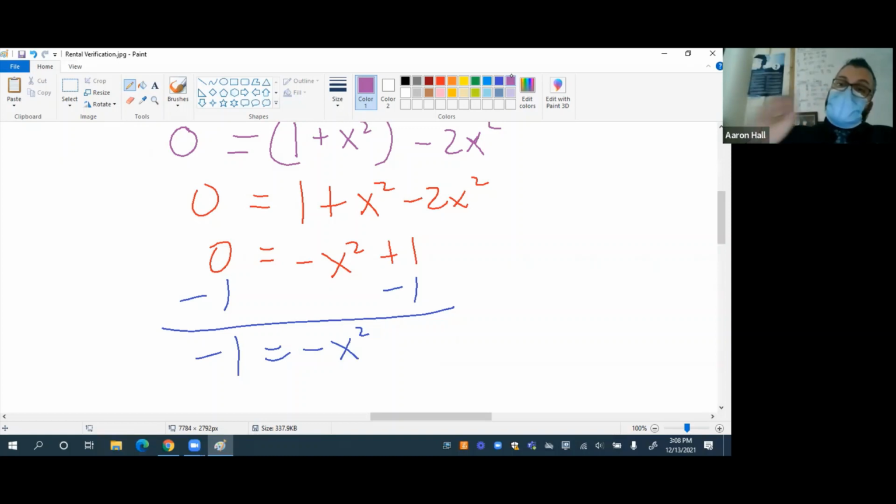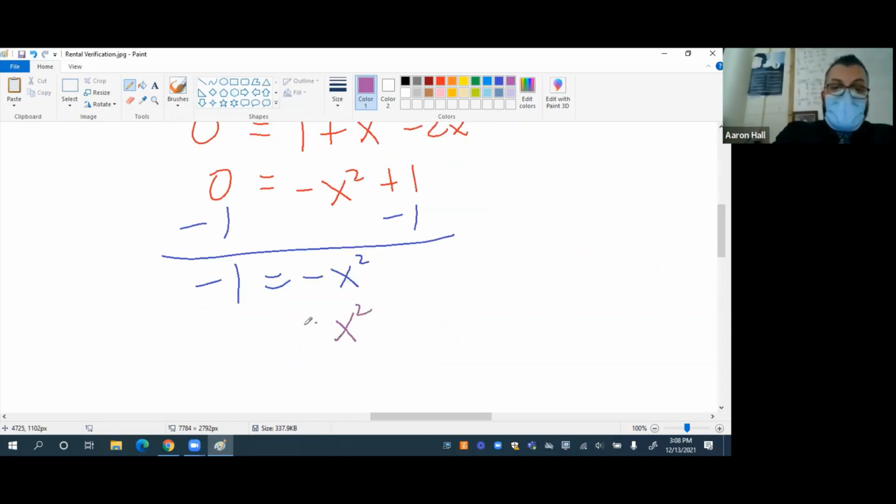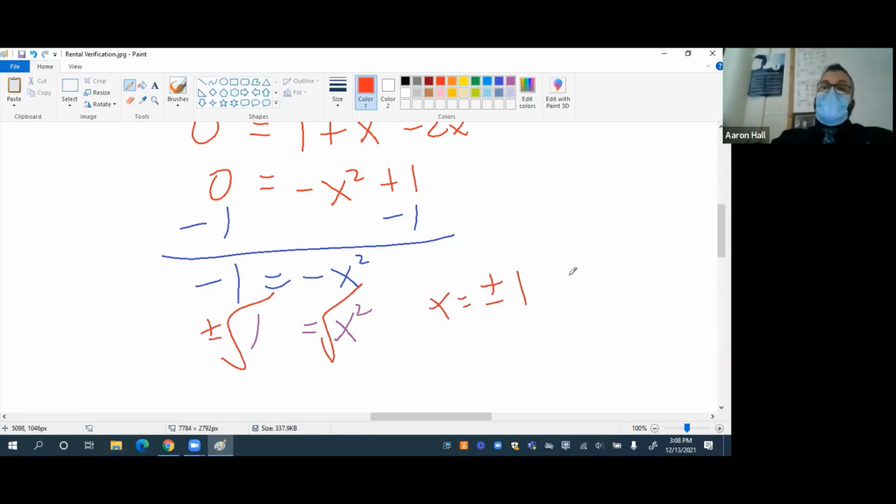Yeah, if I multiply or divide by a negative number, it switches the signs. That gives me x squared equals 1. Now what? Yeah. That gives me x equals plus or minus 1. We call these critical points. I call them critical points because they're a point of interest.